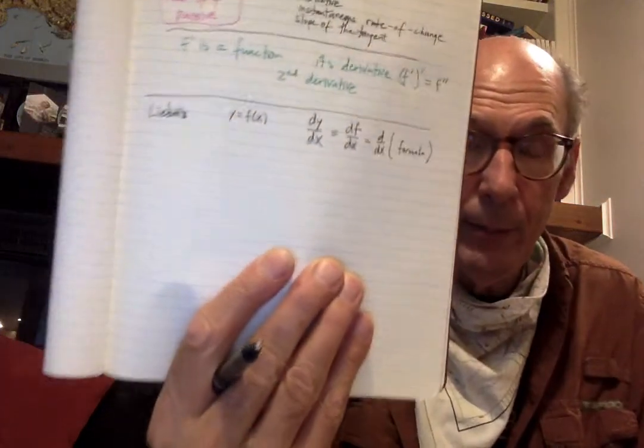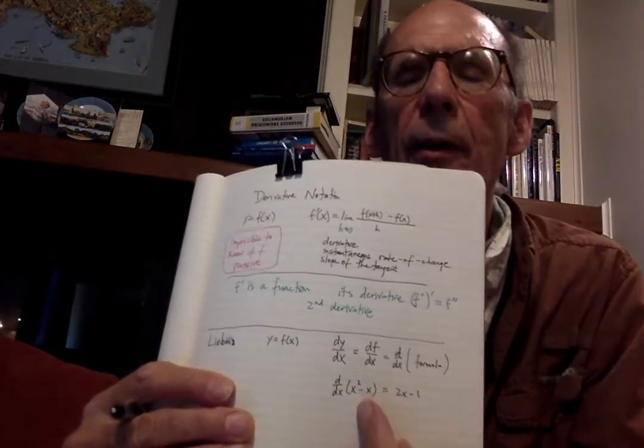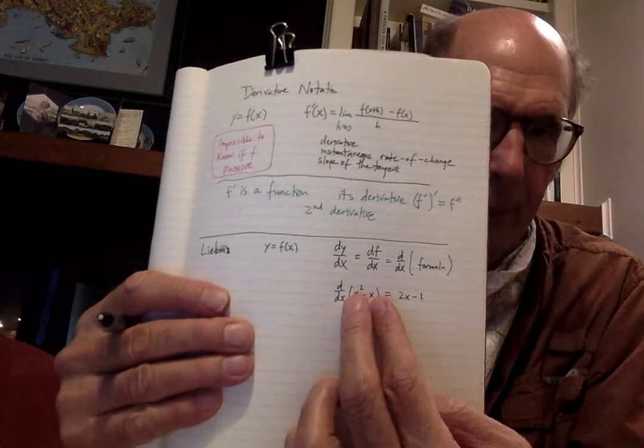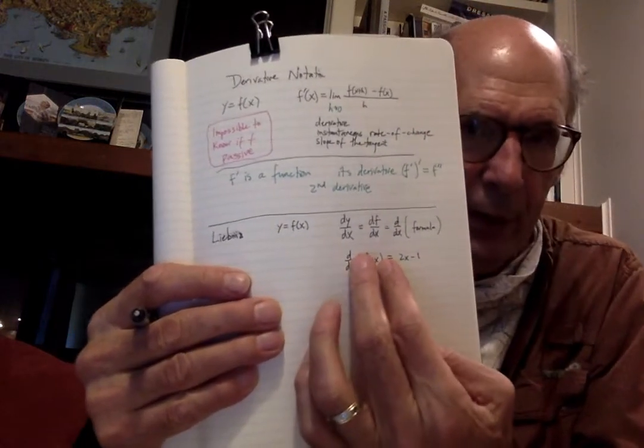So that's d by dx of the formula. And so, for example, d by dx of x squared minus x is 2x minus 1. This is something you read about, we haven't talked about. So I'm going to take the derivative of the function whose formula is this. And so I just write the formula instead of introducing another name and more confusion.